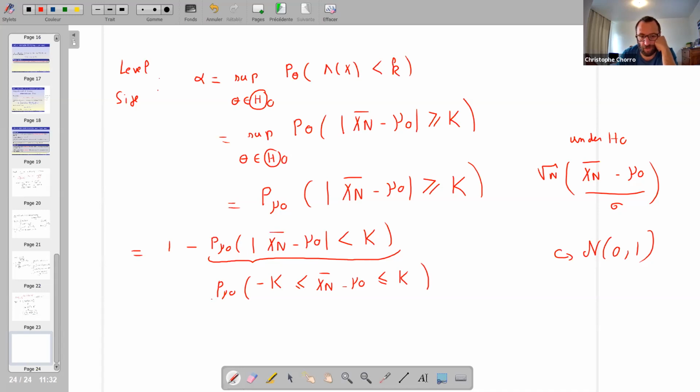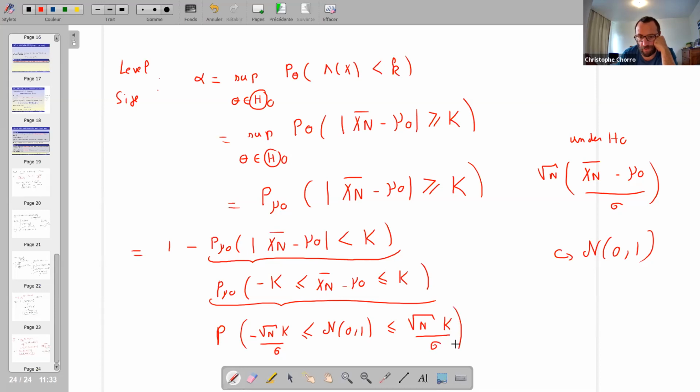And I can write this using this fact: it is the probability that I have an N(0,1), which I obtain dividing by sigma and multiplying by square root of n, that the N(0,1) is greater than minus square root of n k over sigma and less than square root of n k over sigma.